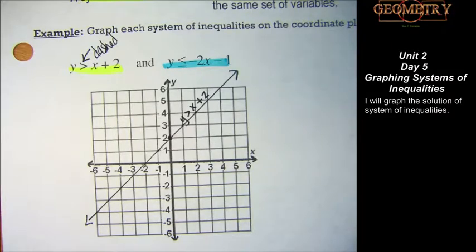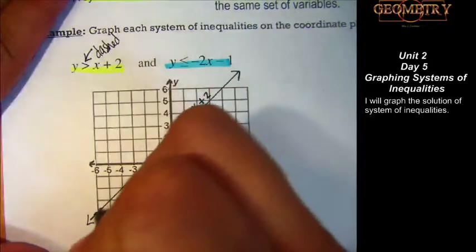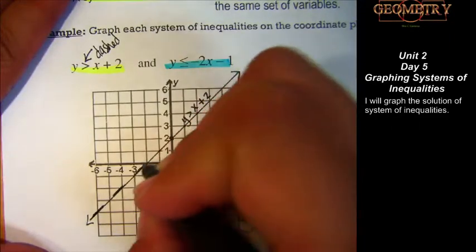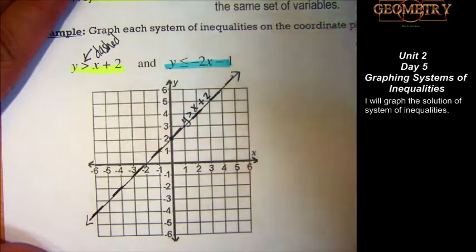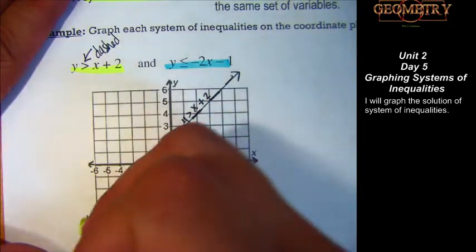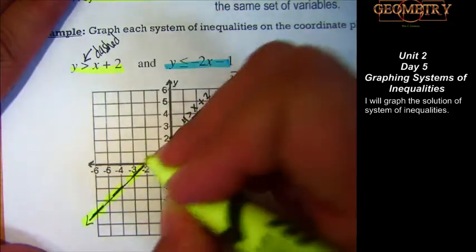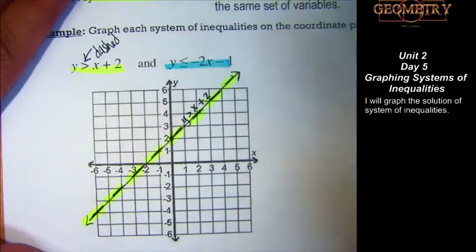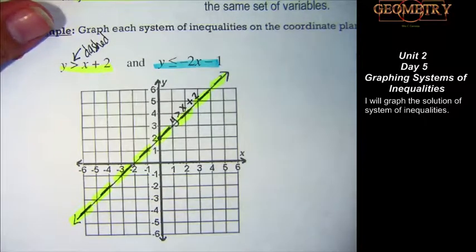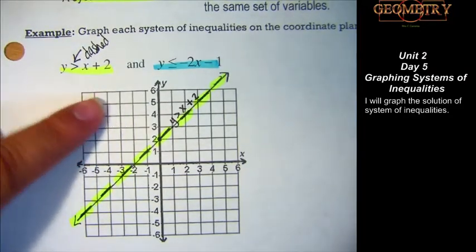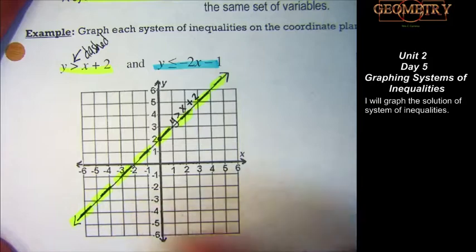No, I do not. So I'm going to use this one. I'm going to make this a dashed line. I'm going to go ahead and dash it with my highlighter. All right, there's my dashed line. The next thing to do is decide which side of this line I'm going to color on. Am I going to color on this side over here or this side over here?